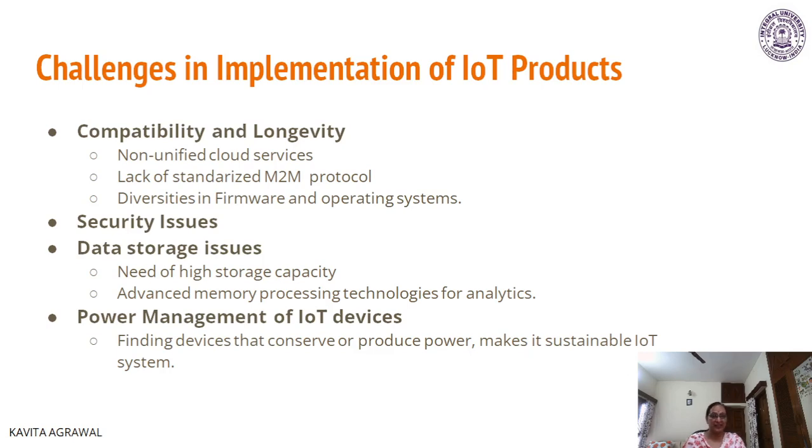If it is not scalable, we won't be able to use it for very long. So compatibility and longevity are very important issues. Then of course security issues are there. Data storage: since we are generating so much data going to one place, how do we store it? How do we process it? And then how do we use it to improve services or for whatever it was designed for? And of course, the power management of the IoT devices.